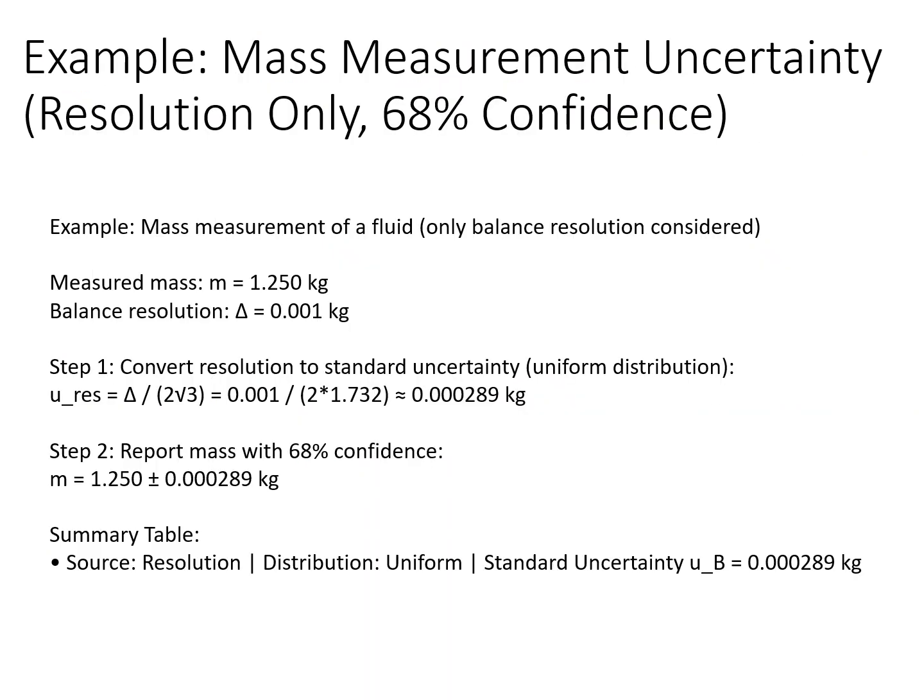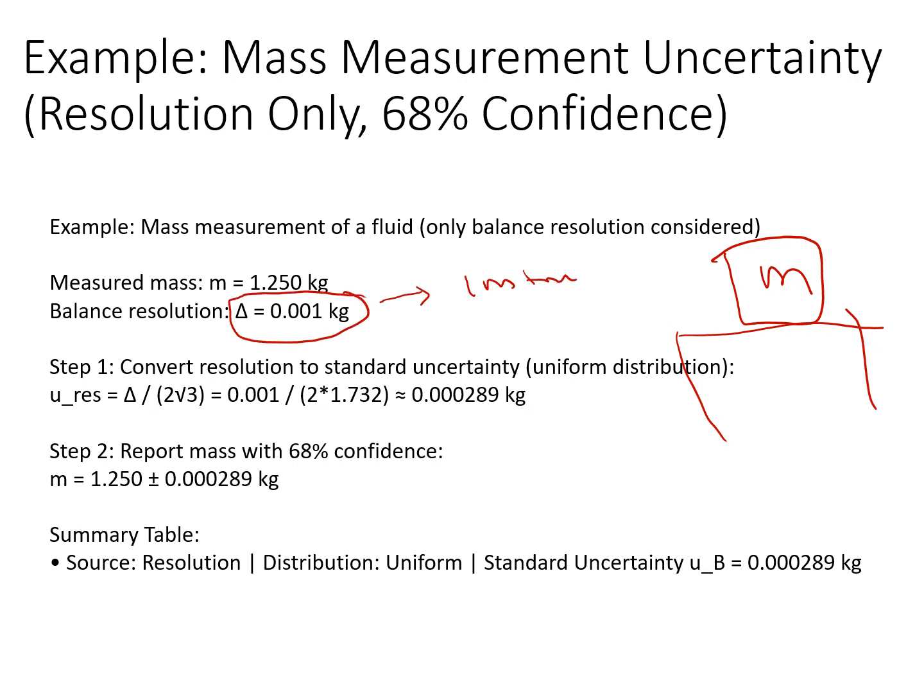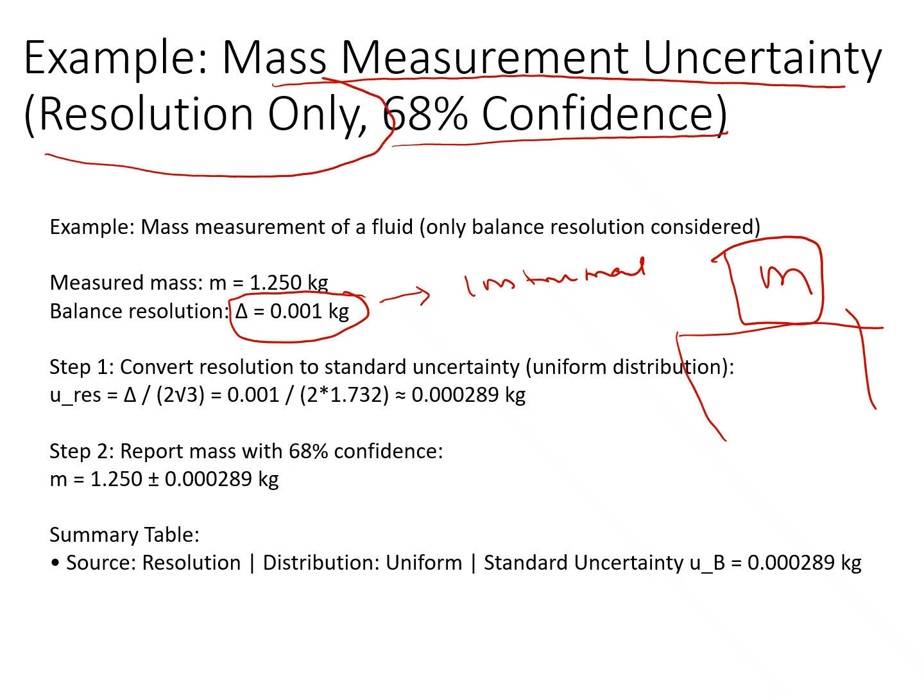For instance, again, you are trying to measure mass. Okay, you are trying to measure the mass of this one. So you have mass, and there is always a resolution associated with the instrumentation. We have that in our lab as well. This type of calculation is required. So we are trying to calculate the type B uncertainty at 68% confidence based on only resolution.